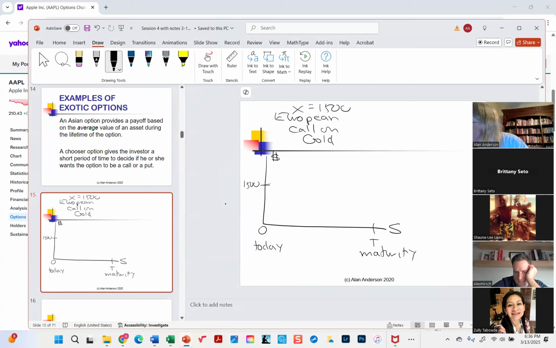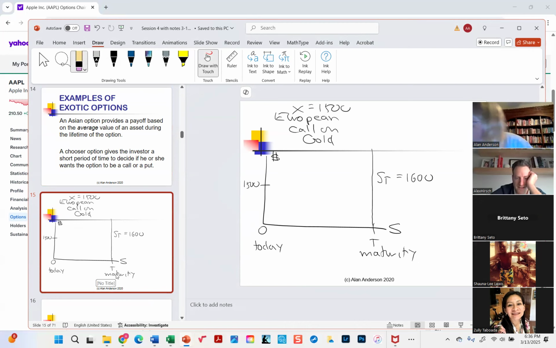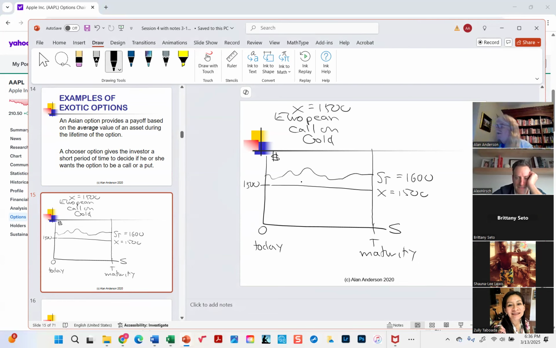And let's say the price moves around. This is the spot price of gold. And on, let's say the final day of trading, the price, we'll call it ST, is $1,600. Actually, I didn't draw that very well. Let me fix that. All right, that looks better. Okay.